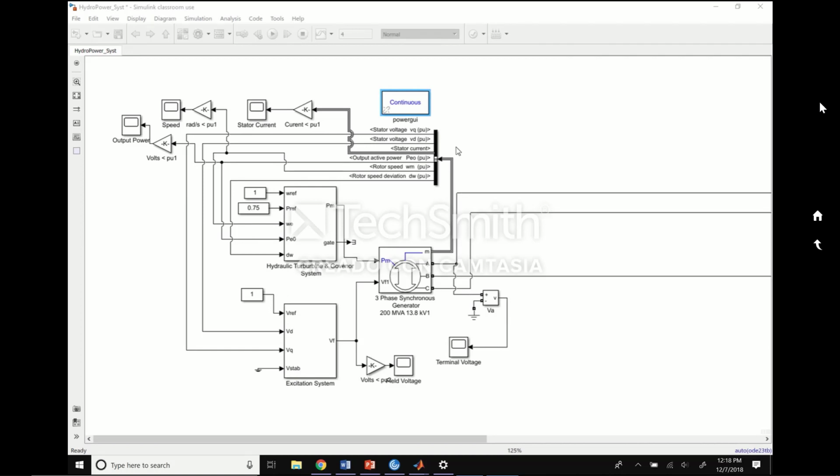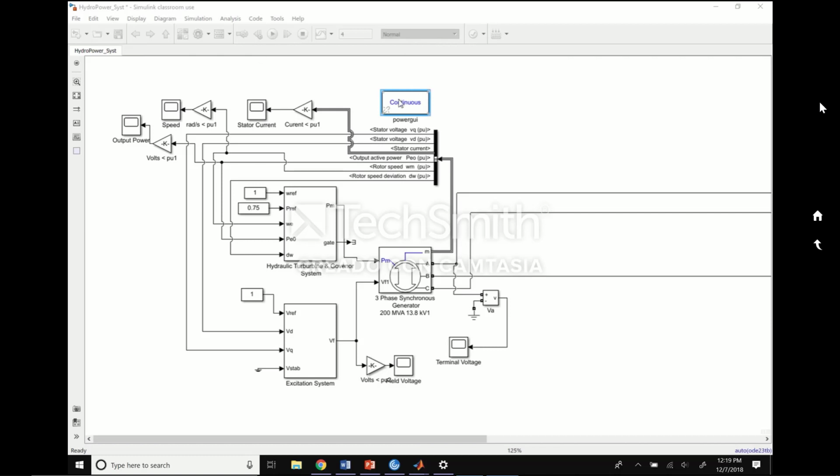We have our feedback loop here and a couple of scopes with a gain converter because all the signals coming from the bus selector are in per unit, so we have converted them back to SI units.